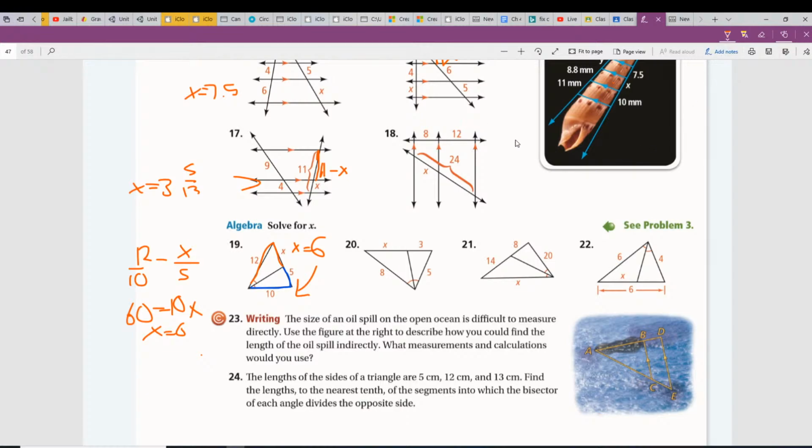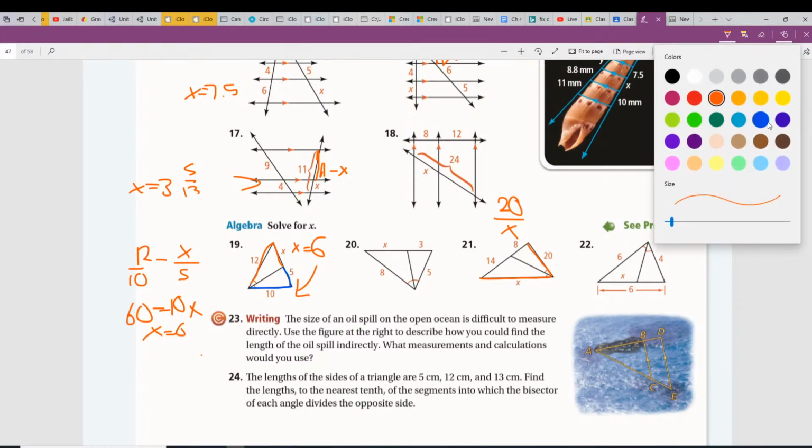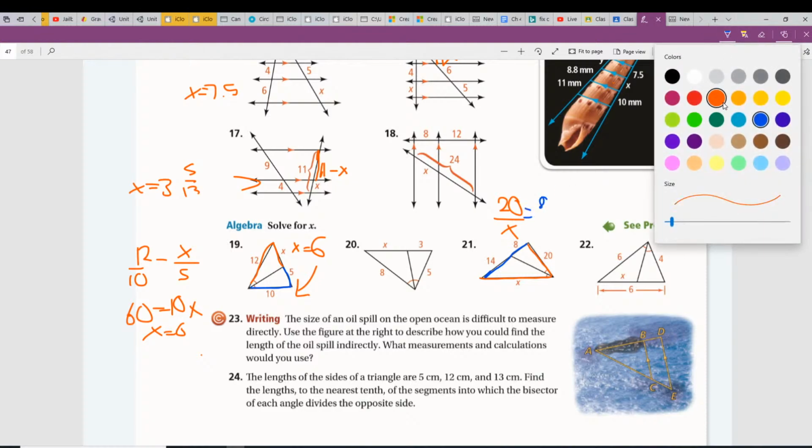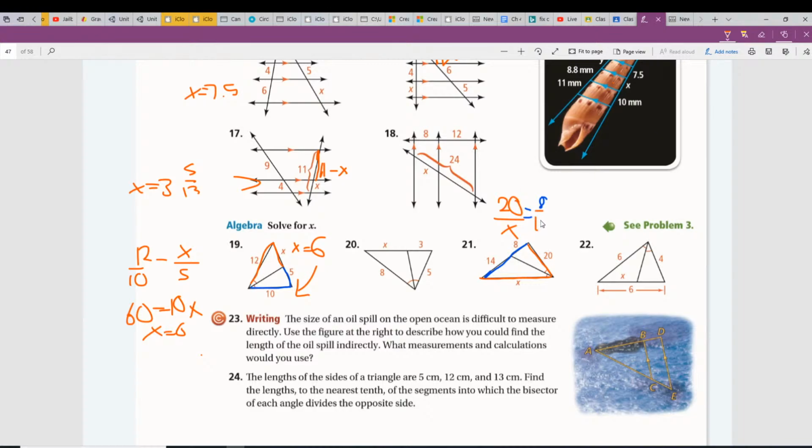Now for number 21. We have another angle bisector here. You can maybe start at this point. Go this way. It's 20 divided by x. And this one would be 8 divided by 14. Oh no, I have to switch colors. 8 divided by 14 equals 20 over x, and then we have 4, 7. 140 equals 4x.